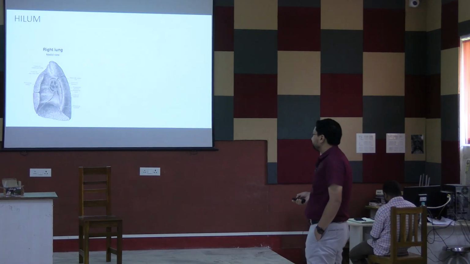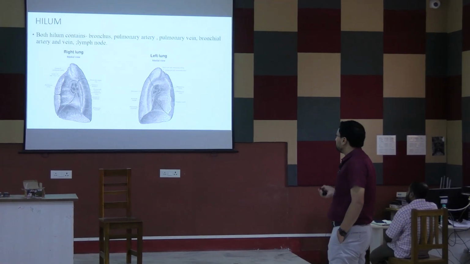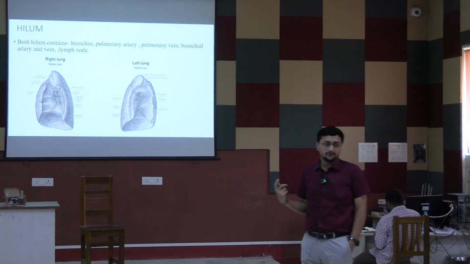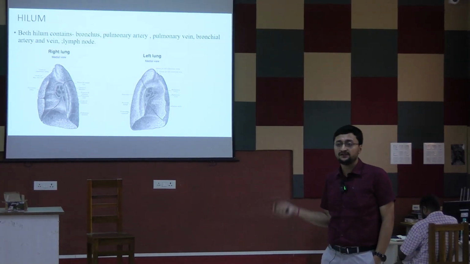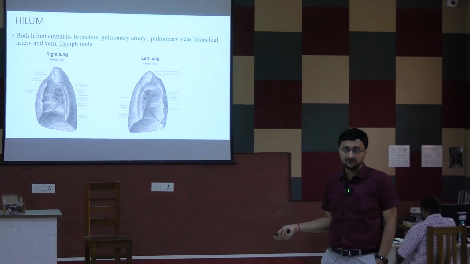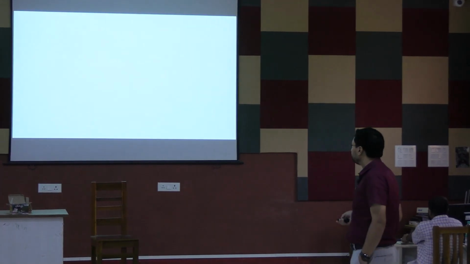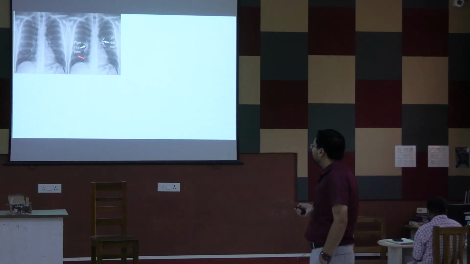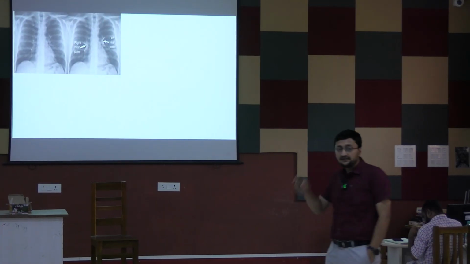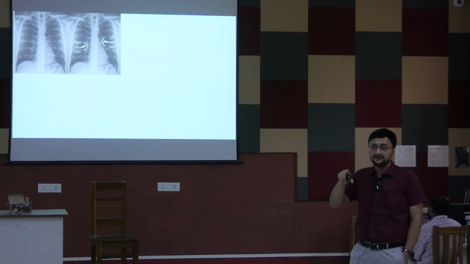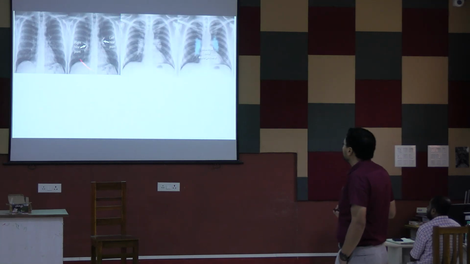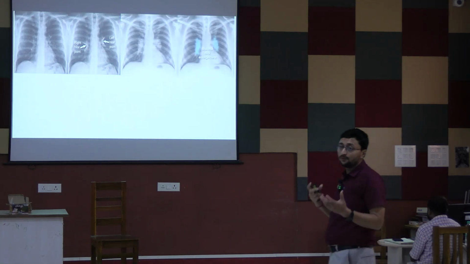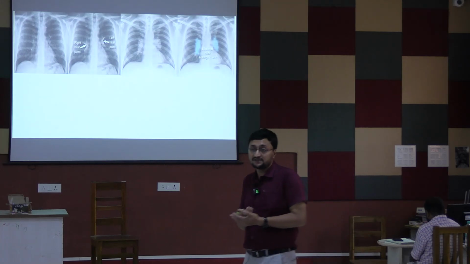Next, hilum. So you all know that both hilum contain multiple vessels, bronchial and pulmonary artery, vein and lymph nodes, lymphatics, right? So both the hilum look like an inverted V shape. Okay, but you have to assess, মানে most commonly আমাদের hilum দেখার importance টা কি?